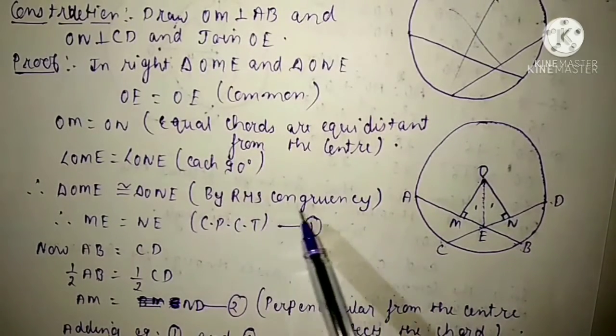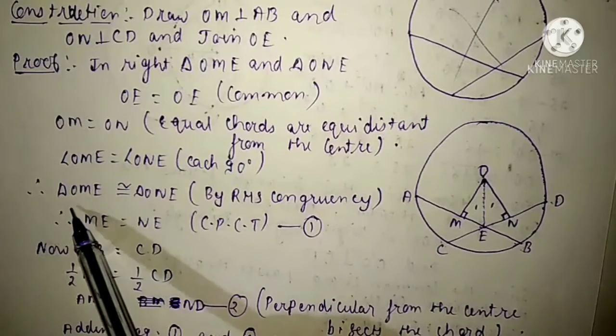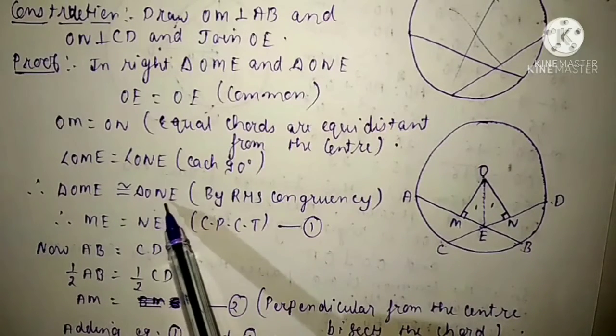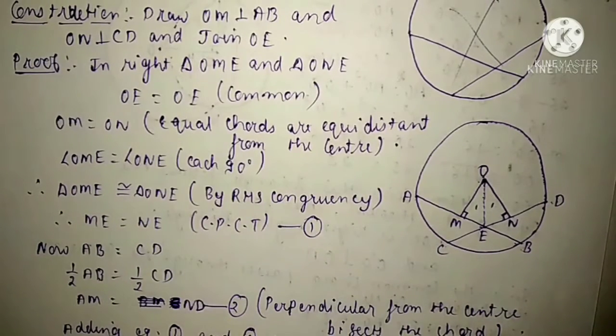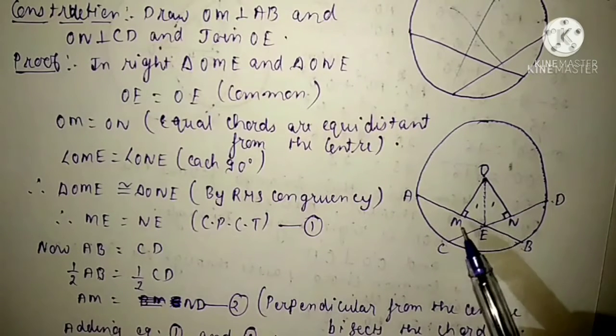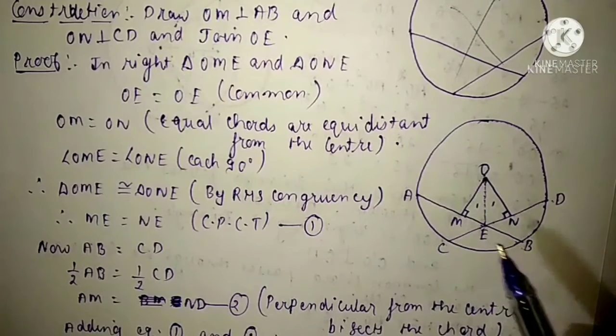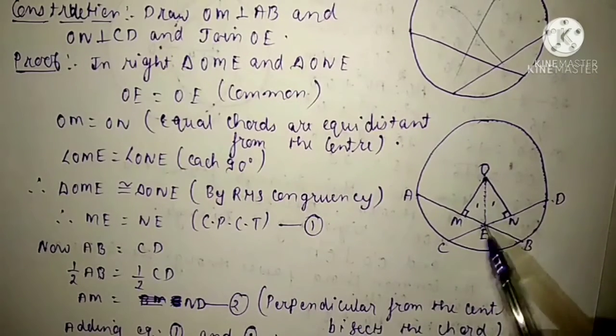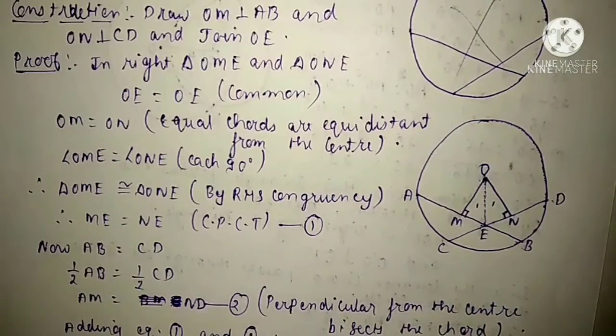So by RHS congruency, triangle OME is congruent to triangle ONE. If these two triangles are congruent, their corresponding parts will also be equal. So ME is equal to NE by CPCT. Name this as equation number 1.